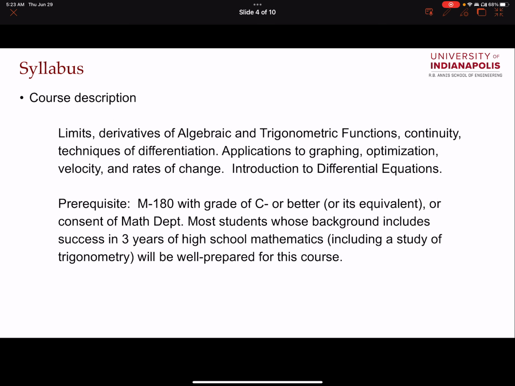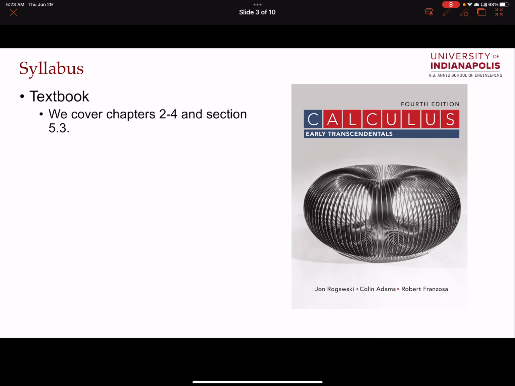One other thing, it is important to recall some of the things that you did in 180, like functions, composite functions, some algebra, trigonometric functions, exponential functions, and logarithmic functions as well. Because you're going to use a lot of functions and their derivatives, limits, and we're going to see graphing and those kinds of things. So functions and algebra are very, very important.